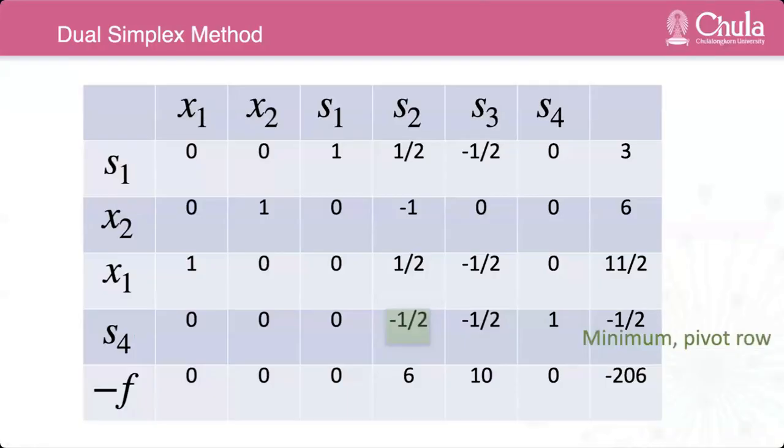Is it done? No, not yet. We still have a negative here. Determine the pivot row. This is the pivot row. We find C over minus A, and this is our pivot element. We make this element 1, and the rest must be 0, 0, 0.